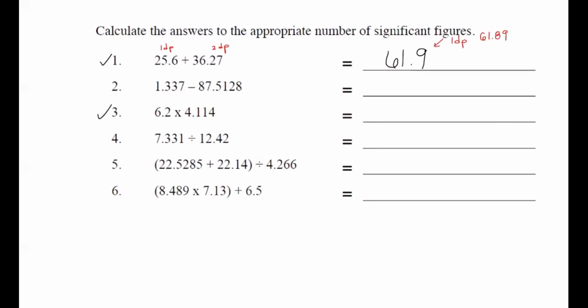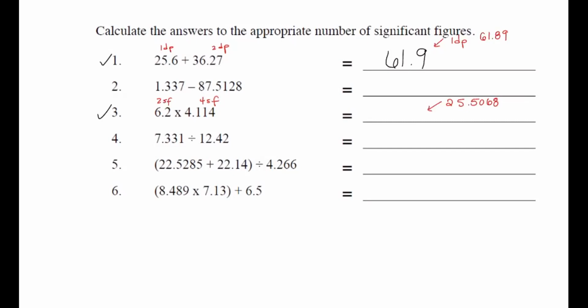So in here, when we multiply these two, okay? 2 sig figs, 4 sig figs. So even though my calculator display is 25.5068, how many sig figs do I need to round?